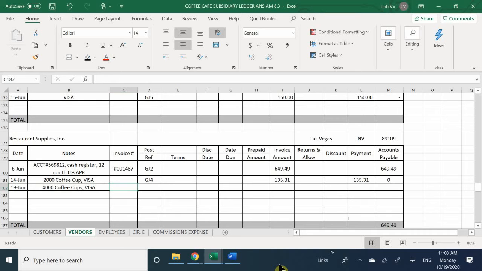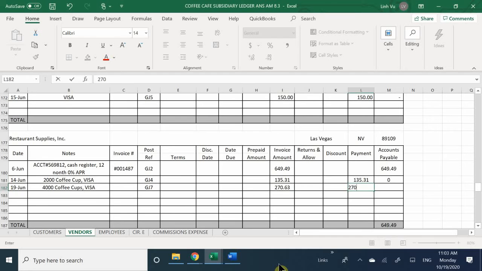Okay. Invoice, of course, there's no invoice. That's okay. General journal number 7. All right. So what was my total invoice amount? 270.63. And what was the amount that I paid?